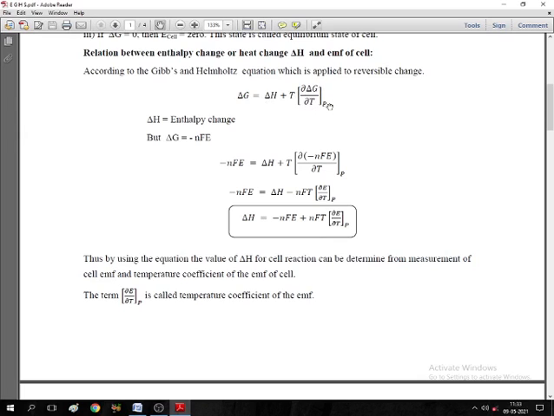Now this is the Gibbs and Helmholtz equation, where delta H is the enthalpy change, delta G is the free energy change, and T is the absolute temperature.